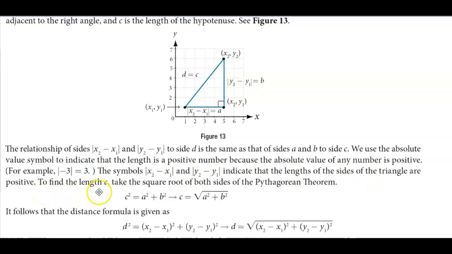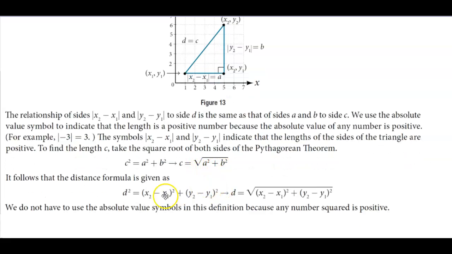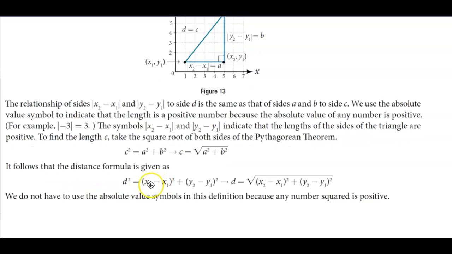Now to find a length C, we take the square root of both sides of the Pythagorean theorem. So if we had c squared equals a squared plus b squared, then that would mean that C is going to equal the square root of a squared plus b squared. Likewise, it follows that the distance formula is given as the following. D squared is going to equal (x2 minus x1) squared plus (y2 minus y1) squared.